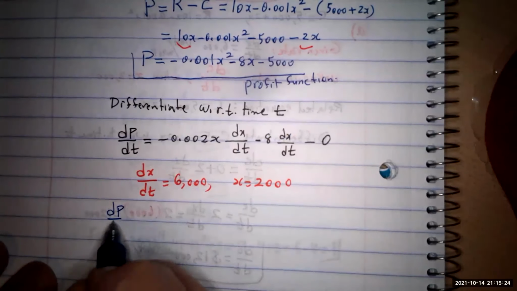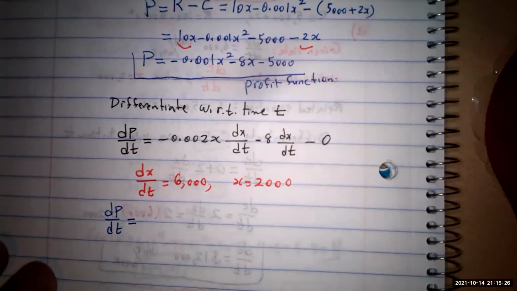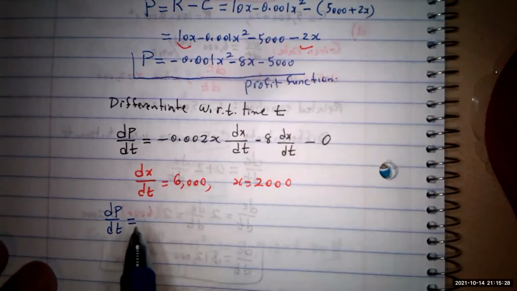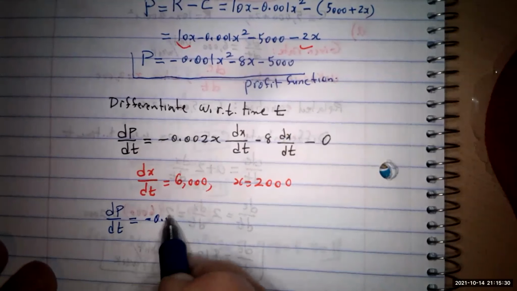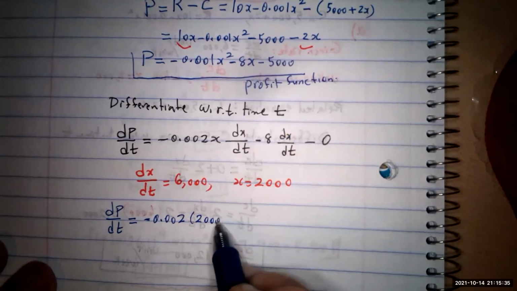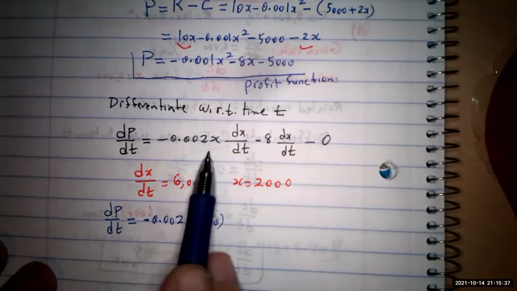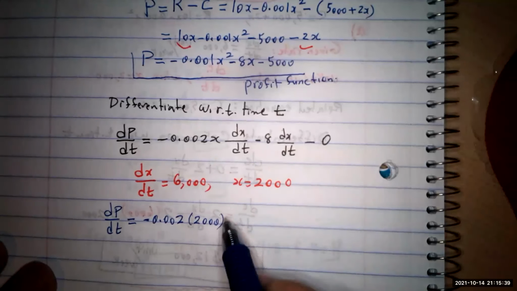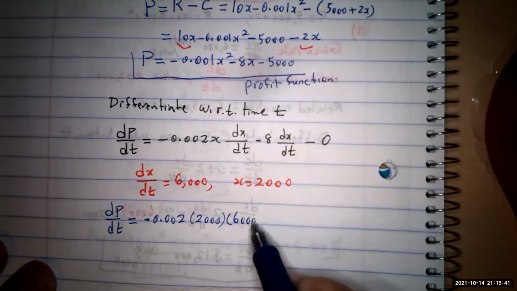So the rate dP/dt is going to be equal to negative 0.002x. Your x is 2,000, times the rate of x, 6,000.